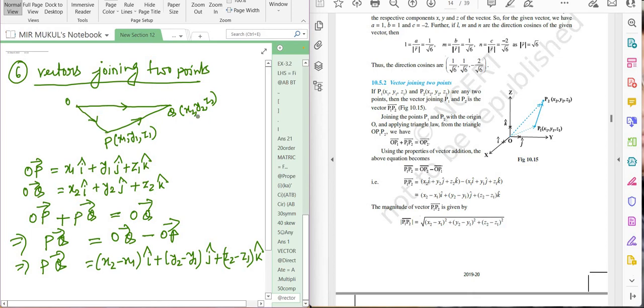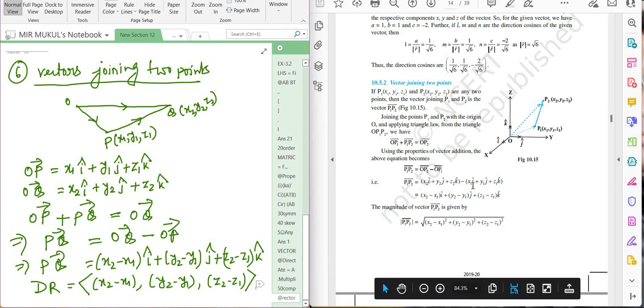Coordinates of Q are x2, y2, z2. What is the direction ratio of PQ? So from here we can say that direction ratio will be x2 minus x1, y2 minus y1, z2 minus z1. So as short type questions we are getting related to this. So this is the vector joining 2 points.